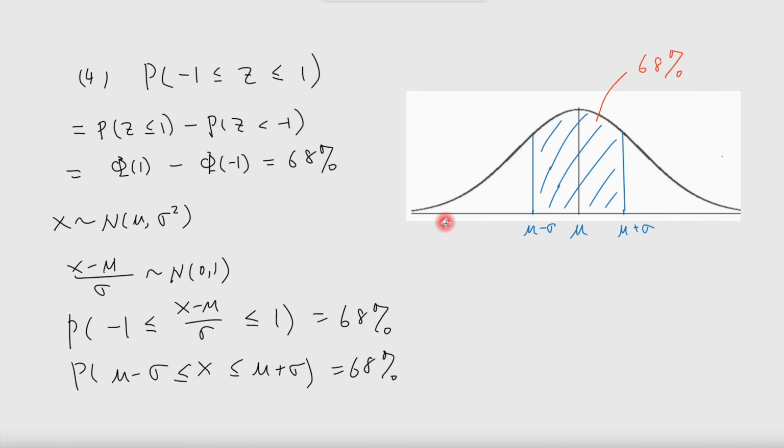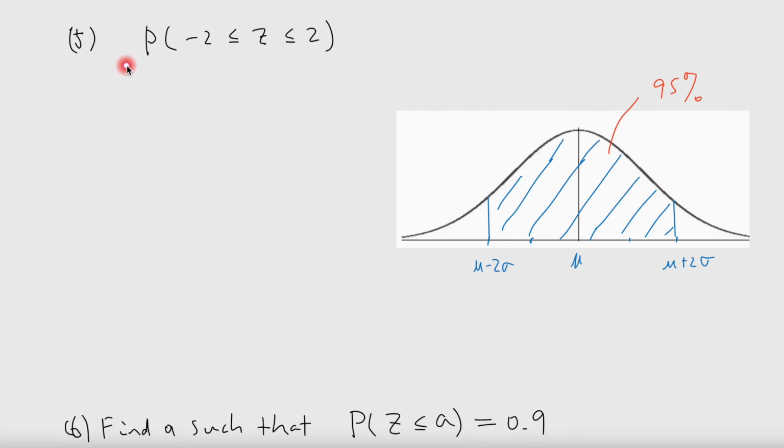We can also illustrate this in a graph. This is a density function of a normal distribution with parameters mu and sigma. This is mu minus sigma, this is mu plus sigma. The area under this curve between these two numbers is roughly 68%.